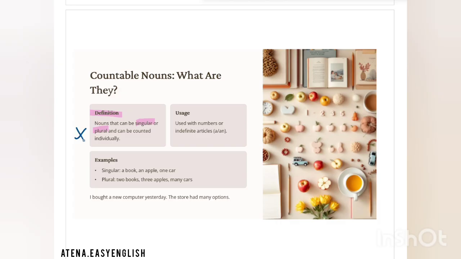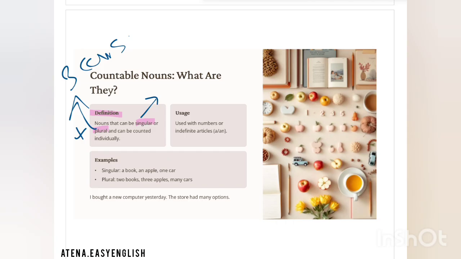So, one important point about countable nouns is that you can count them individually. So if you want to count, you can say one apple, two apples, three apples, one car, two cars, three cars. So they can be singular or plural. For example, three cars.